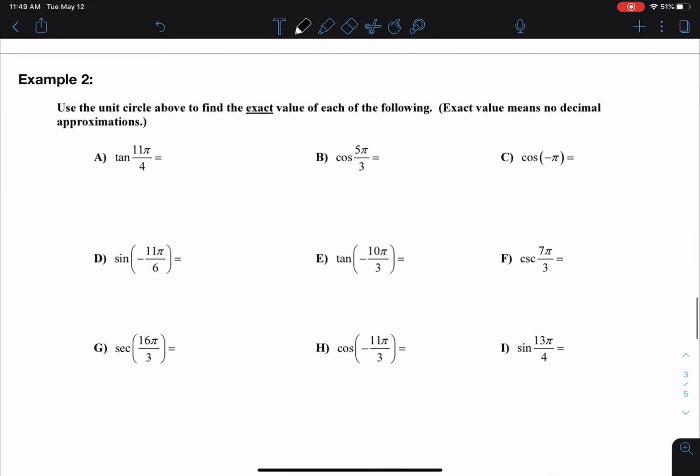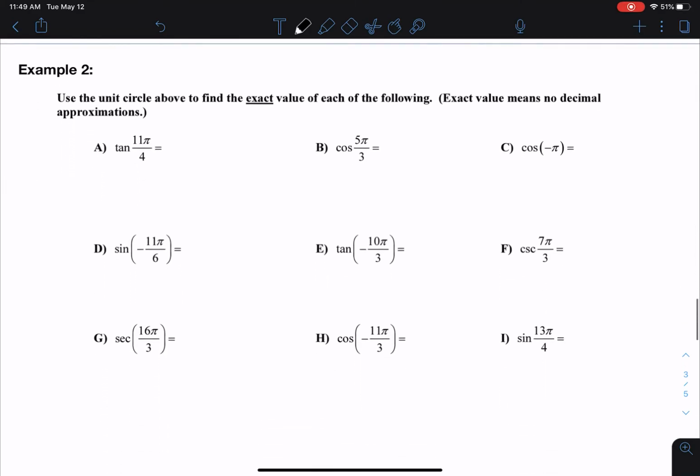Okay, let's do one more negative. Let's do a negative pi. So letter C here, for example number 2. Okay, so negative pi.